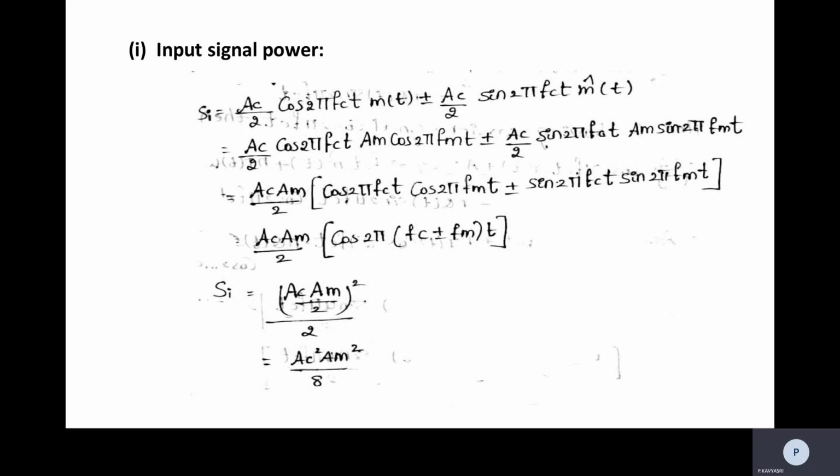That is the input signal power. Now, Ac square by 4 into Am square by 2. In place of Am square by 2, I replace it with P, since power means amplitude square by 2 of the modulating signal. So the input signal power is equal to Ac square by 4 into P.